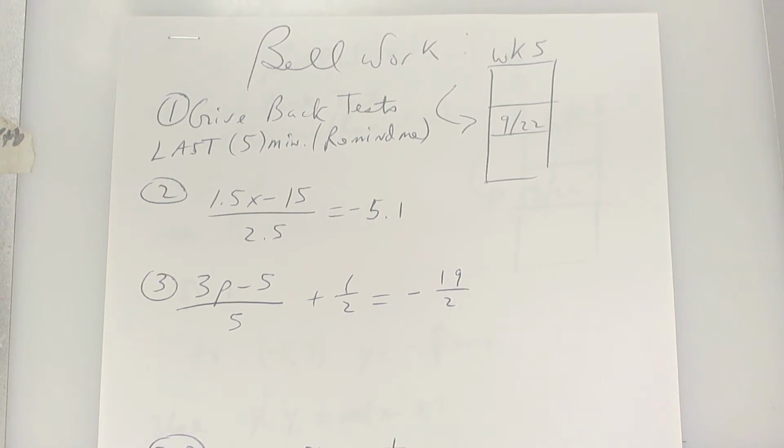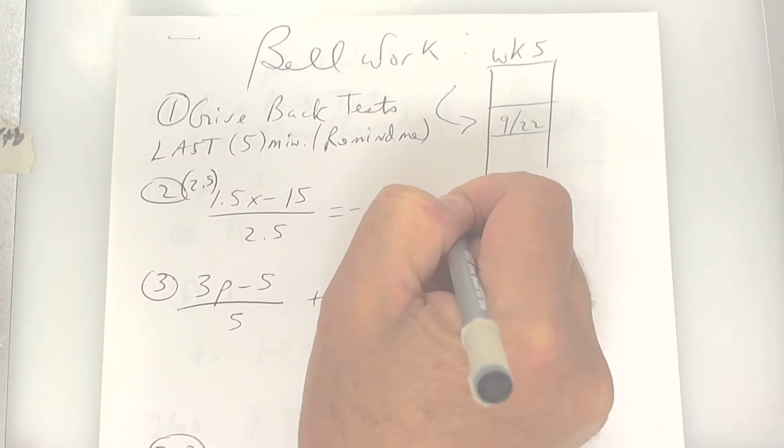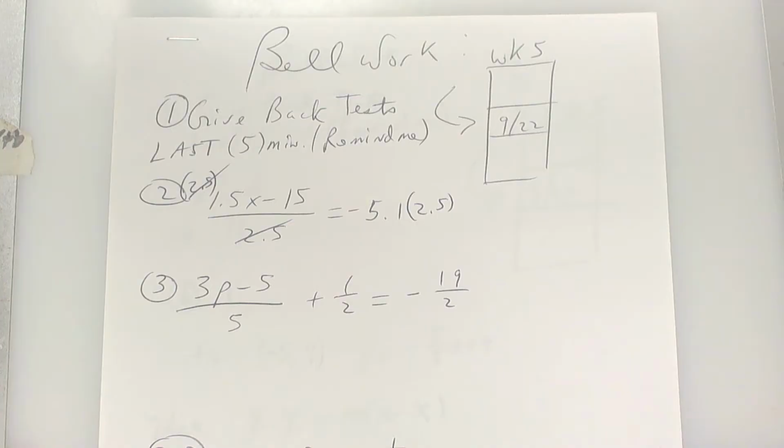Number 2, we're trying to solve this equation. Notice that the whole thing is divided by 2.5. So since the whole thing is divided by 2.5, what you want to do is multiply both sides by 2.5. And so what's going to happen when you multiply, this cancels, okay?